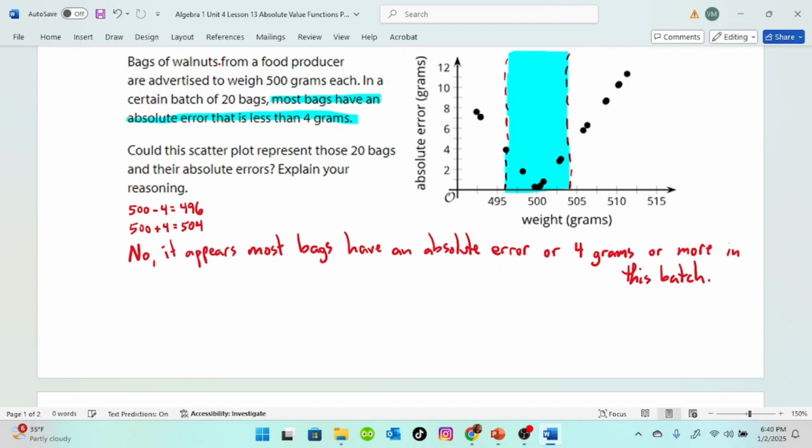So this would not be the batch that they were talking about in the word problem, where most of the bags had an error that was less than 4 grams.